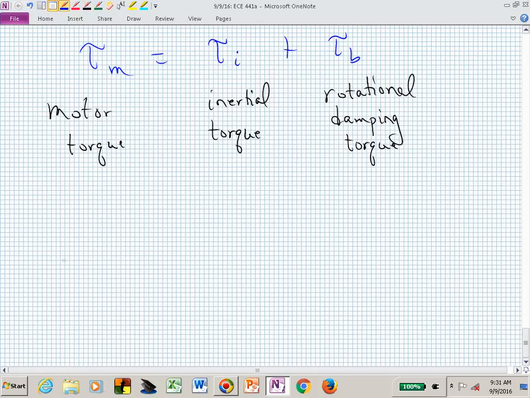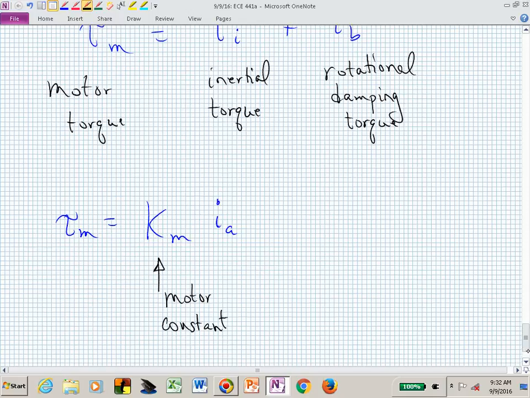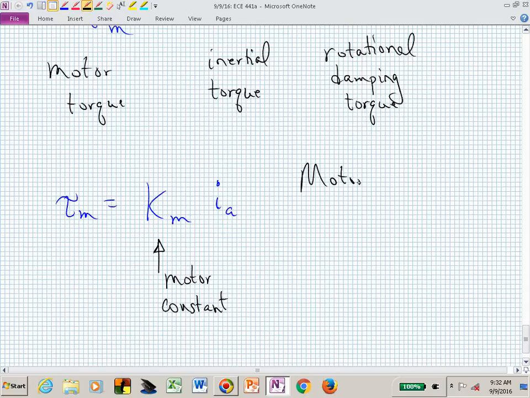What we need to realize is that this motor torque is proportional to the current in our armature circuit. So the more current flowing, the more torque we're applying to the motor shaft. This is our motor constant, and I sub A is the armature current. So this is just saying that our motor torque is proportional to the armature current.